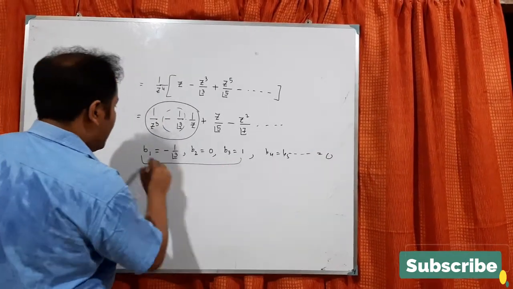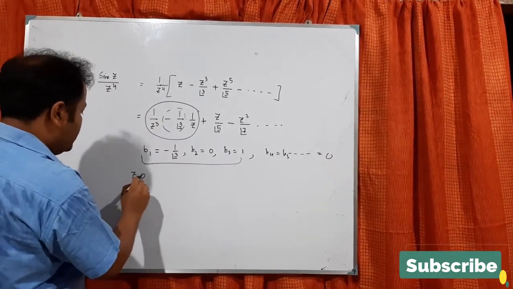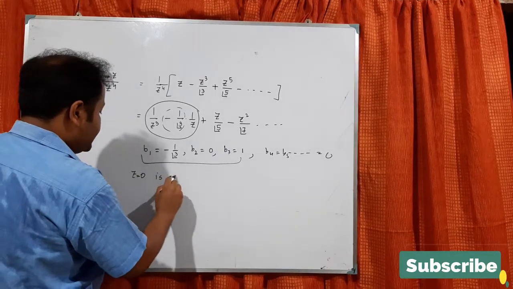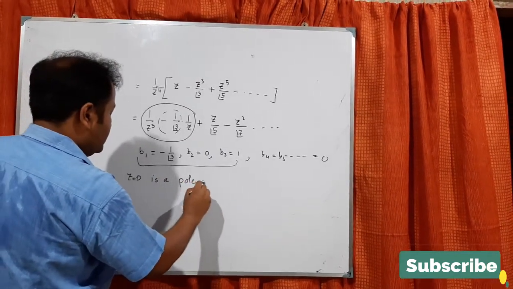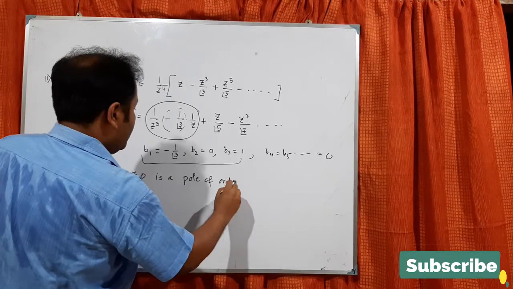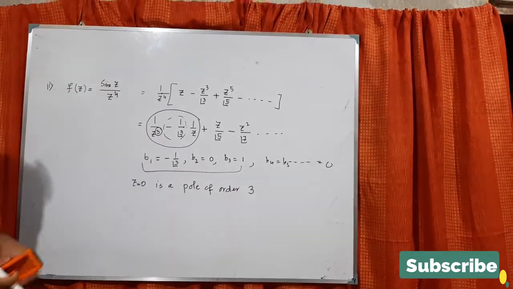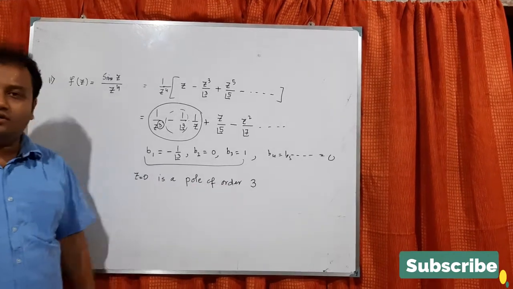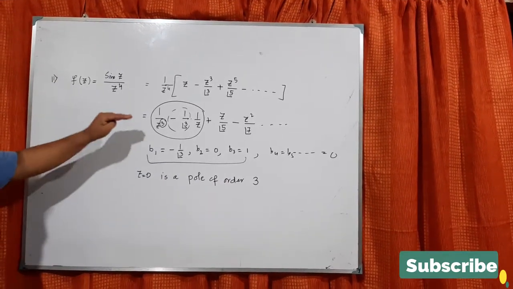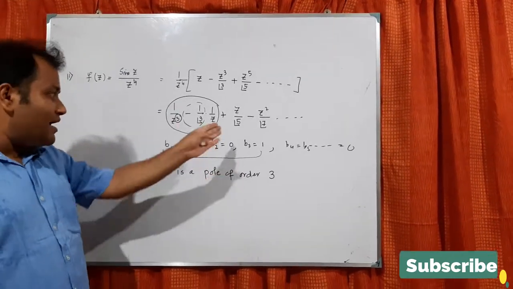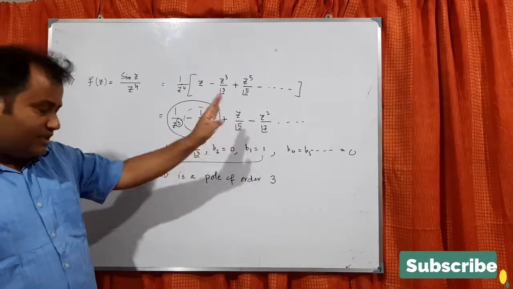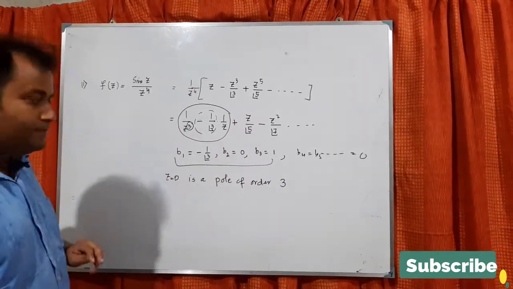So z equals 0 is a pole of order 3 because the highest degree is 3. So z equals 0 is a pole of order 3. So you can understand how we differentiate or how we can identify the singular point, removable and pole.